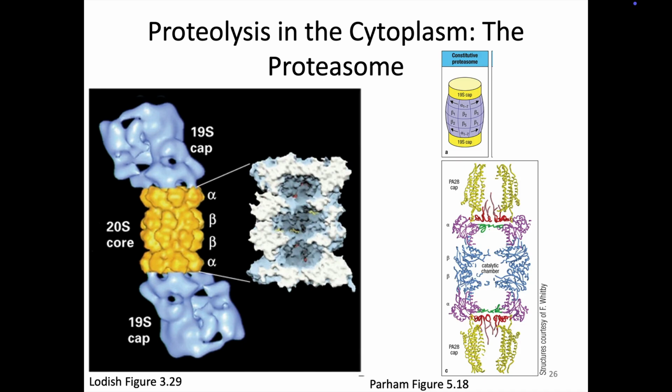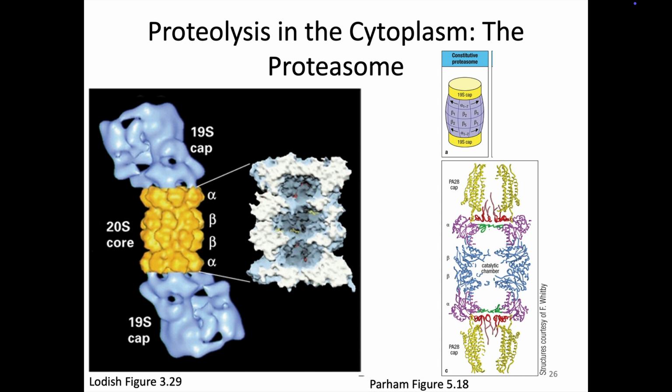And so again, you can see the proteasome is shown looking kind of like a little barrel, where you have these different little proteins making up rings of the barrel and giving you this inside chamber. And that inside chamber is where proteolysis happens. That's actually where we're going to cut stuff up. That's where the protease activity actually is.